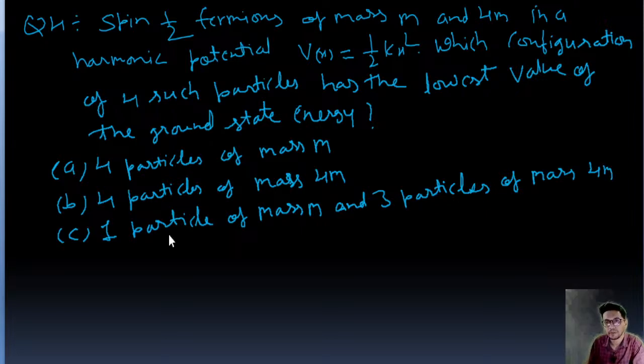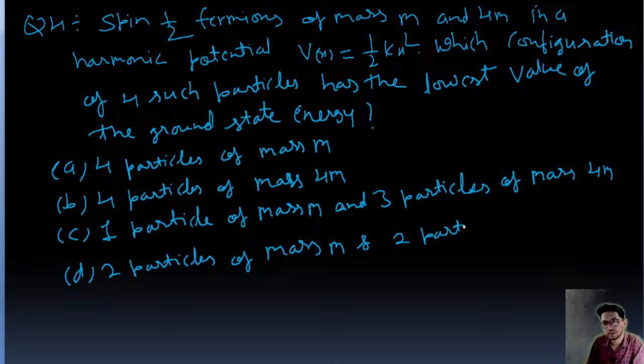And option D is two particles of mass m and two particles of mass 4m. Okay, so this is the question, guys.